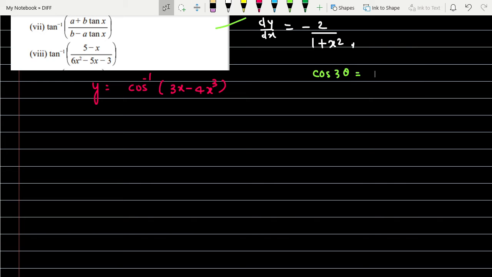Here we use the formula sin 3 theta is equal to 3 sin theta minus 4 sin cube theta.